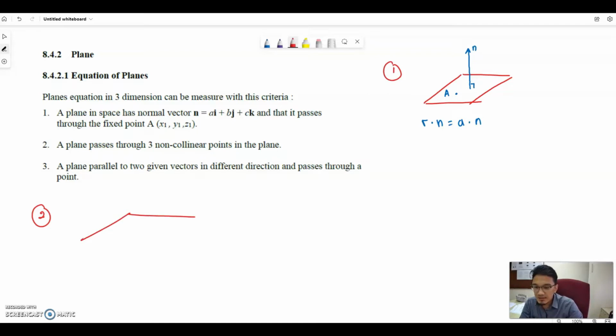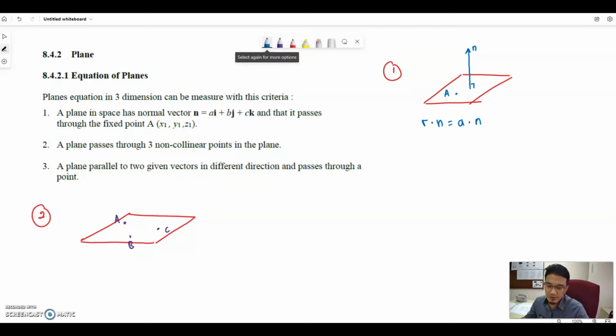Let's say we have a plane. On the surface of this plane, we have three points, which we can label as point A, point B, and also point C. In order to create an equation of a plane, we need a vector that is perpendicular to the surface of the plane.